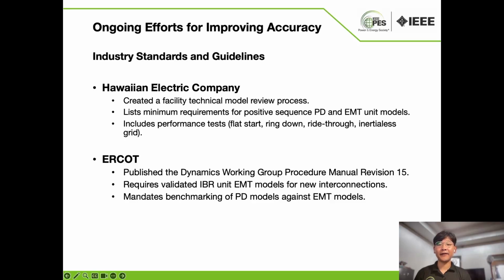The Electric Reliability Council of Texas has also taken significant steps by mandating the submission of verified IBR unit EMT models for new interconnections and requiring benchmarking of PD models against EMT models.